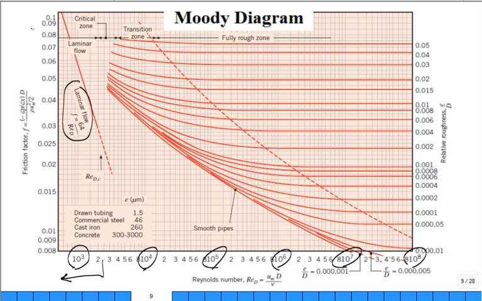Well, what's on the y-axis? The friction factor. It's the Darcy-Weisbach friction factor. Okay. Is it log scale or linear scale? It's logarithmic scale. Does it have as huge of a variation as the Reynolds number did?